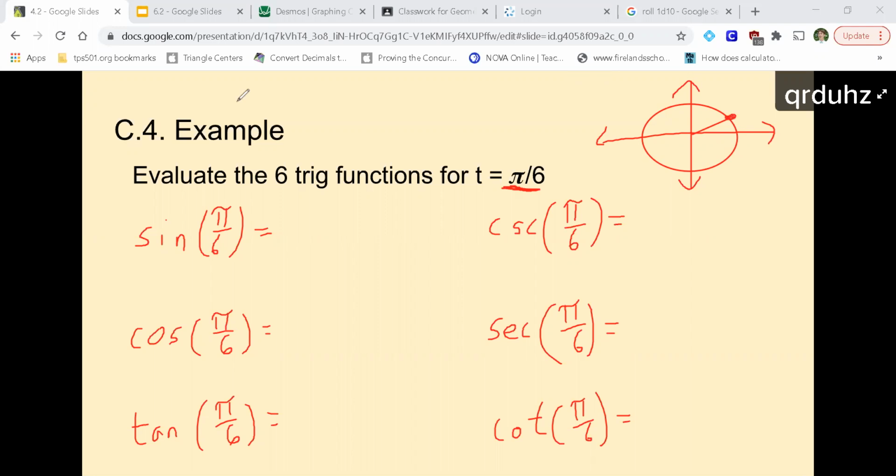And the coordinates of that point are square root of 3 over 2 and a half. That's your x and y values that correspond with the angle pi over 6.